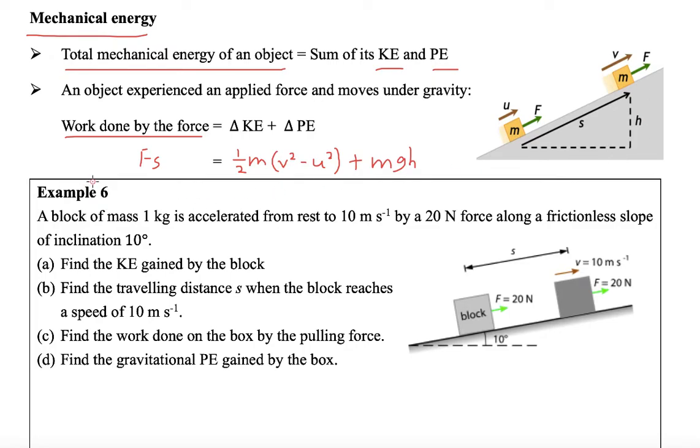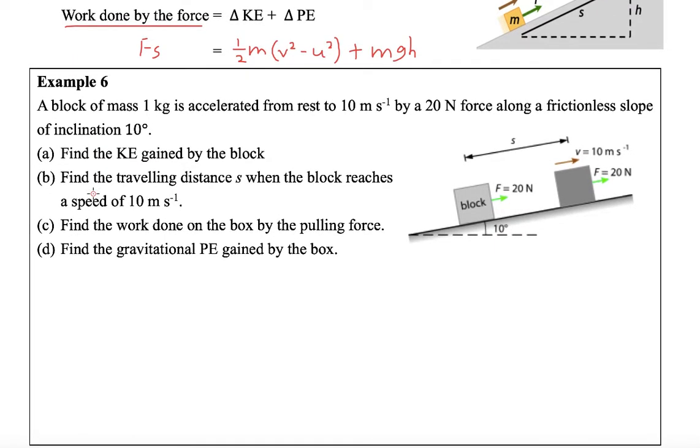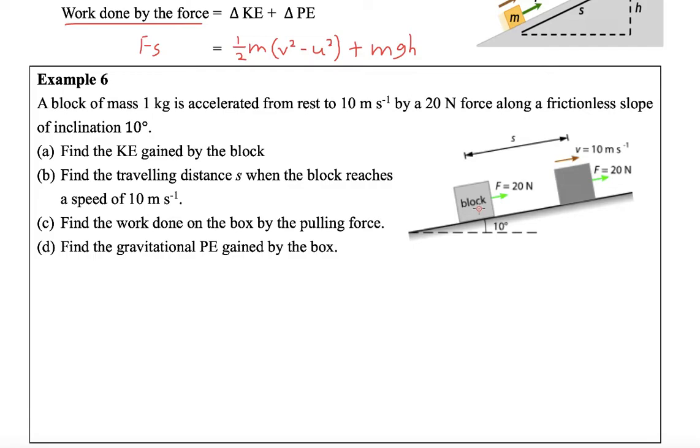And we can illustrate with example 6 here. So for example 6, it's the same case. We apply a force of 20 Newton on this block, and this block accelerates so that it gains KE.